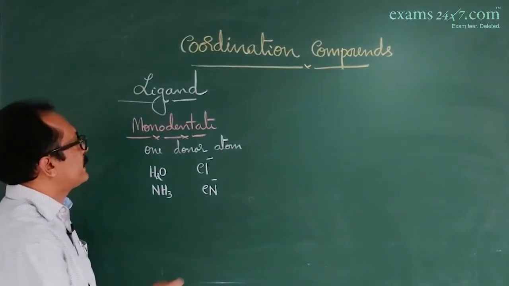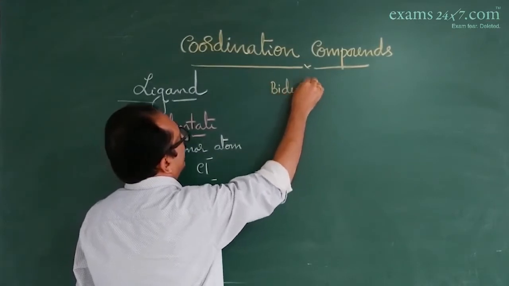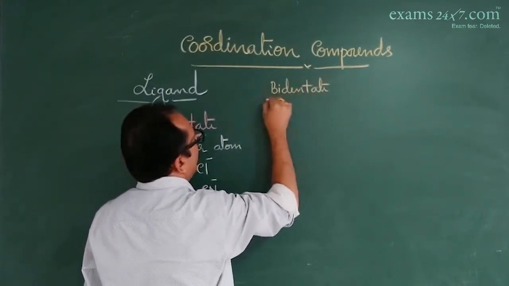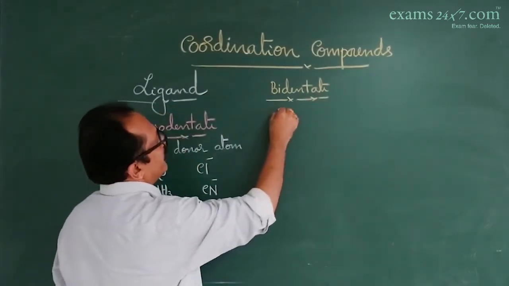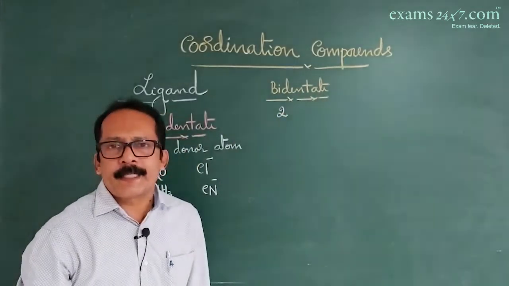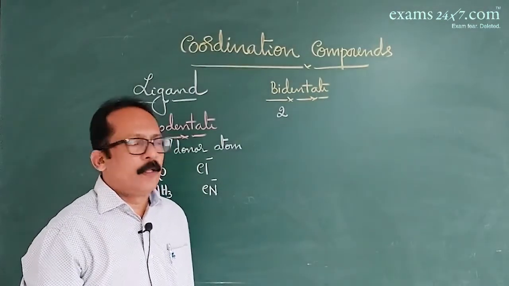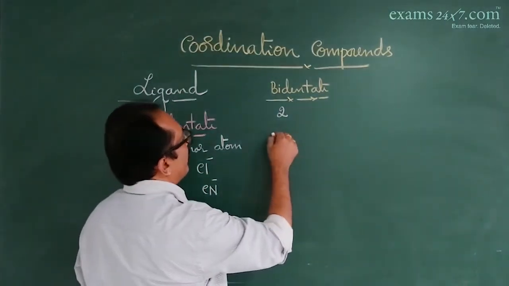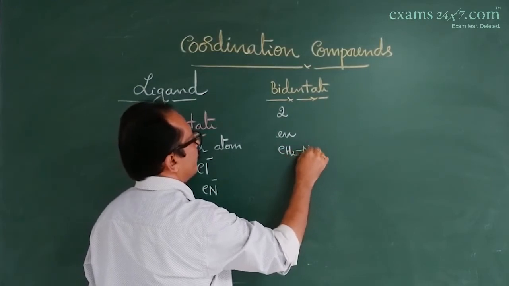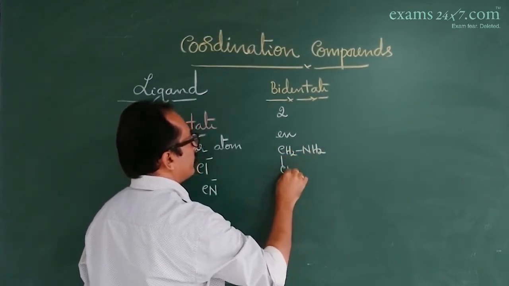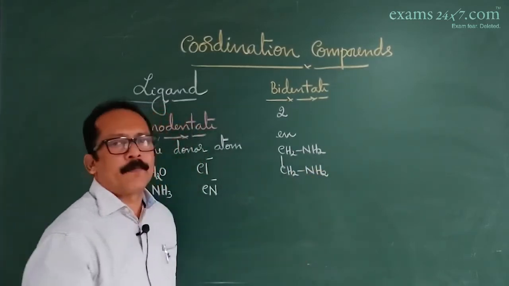Next, about bidentate ligands, or they are also called didentate. There are 2 donor atoms, 2 ligating atoms. Denticity is 2. Example for bidentate, ethylene diamine, also called en: CH2-NH2, CH2-NH2.